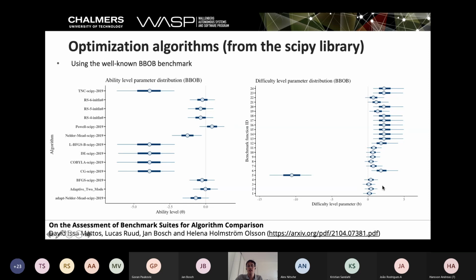And this leads to a very big imbalance in the choice of the algorithm. In the previous case, we were having very easy data sets for the algorithms. And here we have very hard questions for our optimization algorithms. And this essentially makes it very difficult to compare those algorithms.